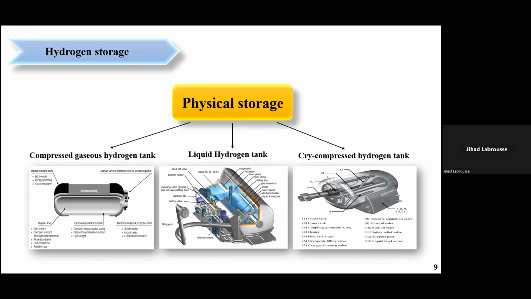Actually, the choice of the shell or liner that comes near the hydrogen is important for every kind of reservoir, because we must keep hydrogen safe for the safety of people. It is favored to use steel because this kind of liner directly absorbs the mechanical stresses. And there is also another barrier for hydrogen called aluminum.